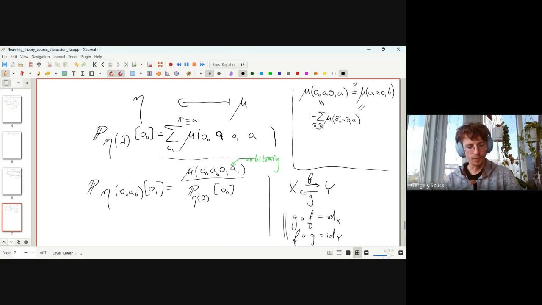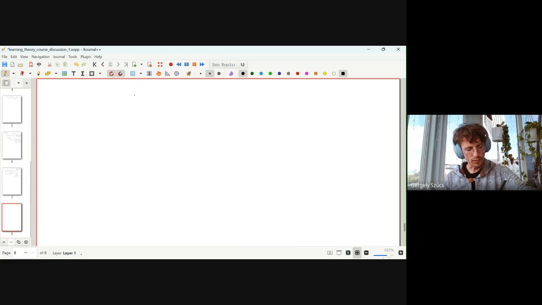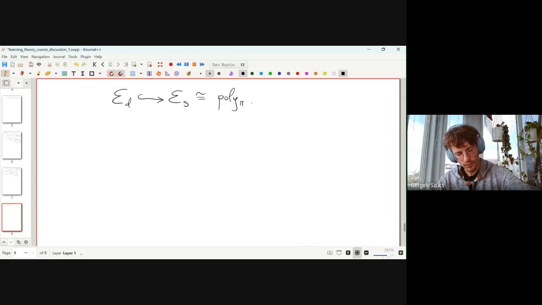And then the second part of it was to show that we already saw that we can include the deterministic environments inside of the stochastic ones. And so here we have this isomorphism, or I guess homeomorphism, with the Pauli distributions.